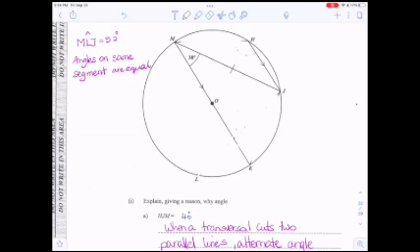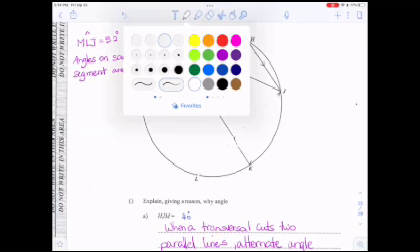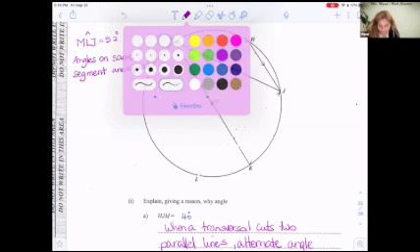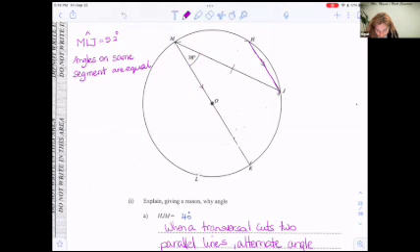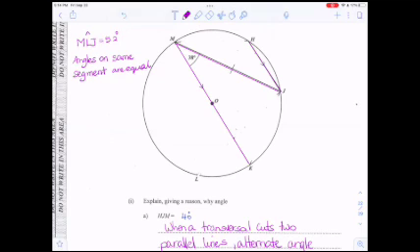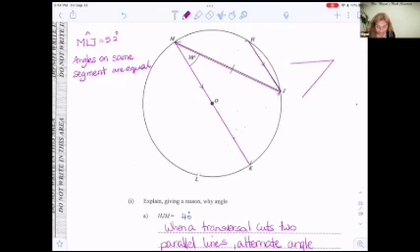All right. What shape are you all seeing? We're seeing an N shape right now. If I drew it like this, it looks like a Z. So when we have Z-shaped angles, we call these alternate angles.